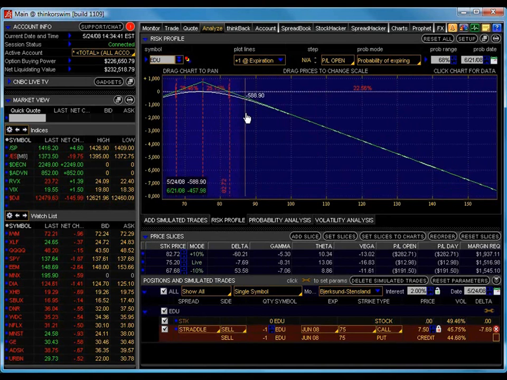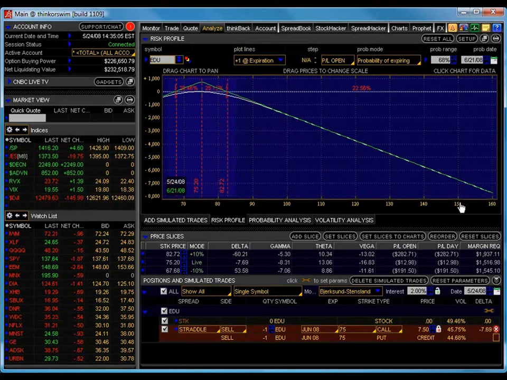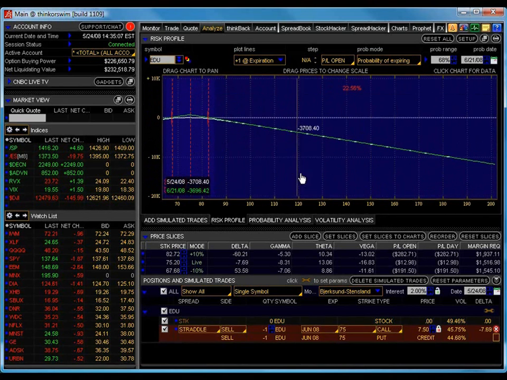If the price were to move up to 90 and keep going, you could see that in fact the losses would be incredible. Of course, in real life, you may not have those kind of risks, because a stock theoretically could go to infinity in price, but in reality it probably would not.